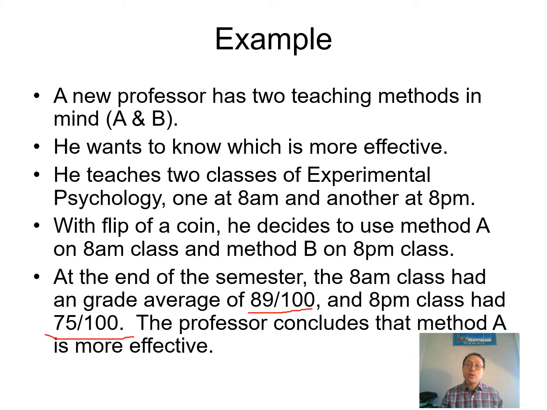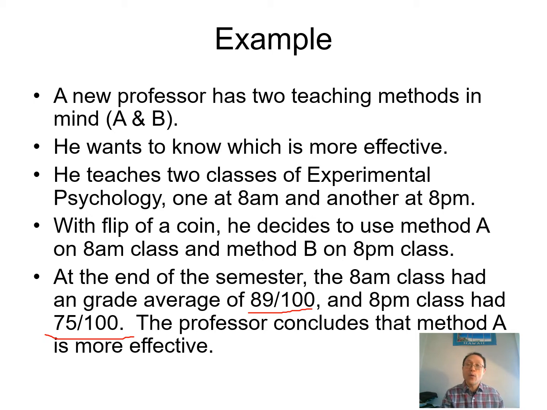And the second possible reason is that students who are more likely to pick the 8 a.m. class versus the students who are more likely to pick the 8 p.m. class are also different kinds of students. The ones that pick the 8 p.m. class might have to work during the day, and therefore they don't have so much time to devote to class, as opposed to day college students who don't have any other work to do during the day.